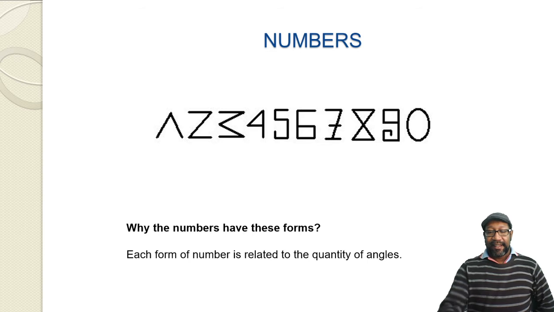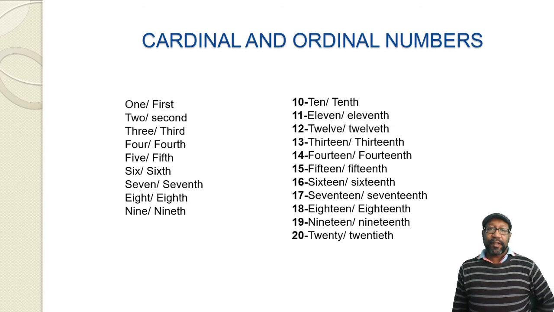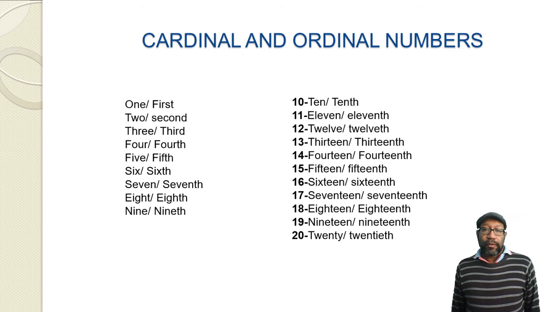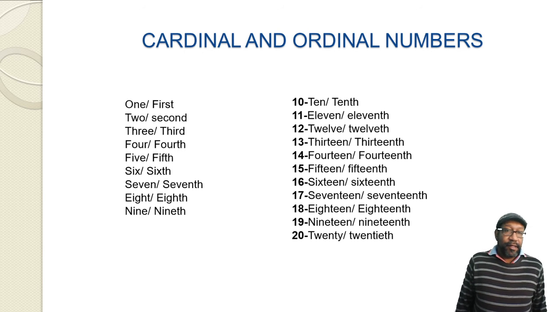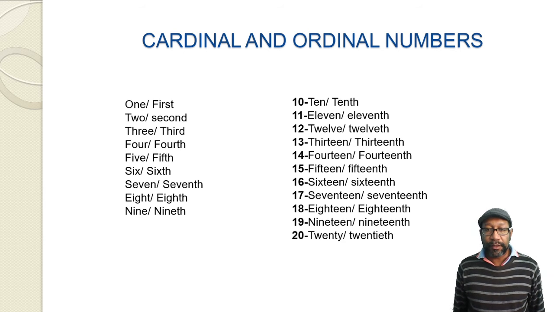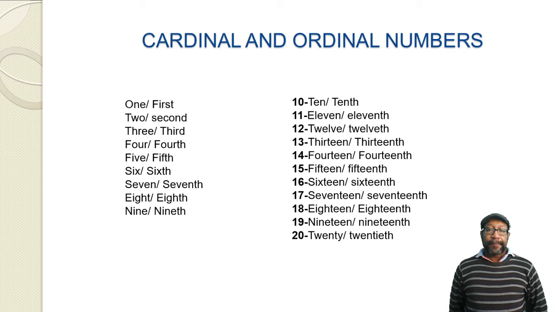Okay, all right. So here we share the cardinal and ordinal numbers. The first ones are cardinal, and you have a slash, and the second is the ordinal form. So for one, you have first, two, second, and so on.